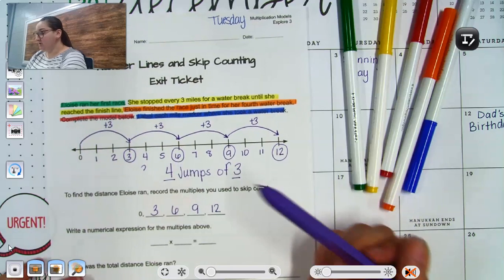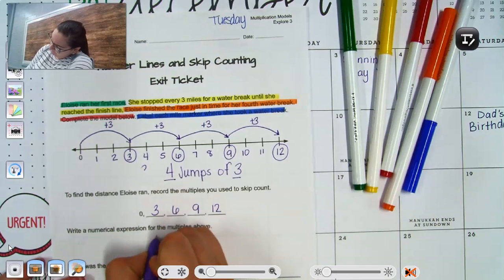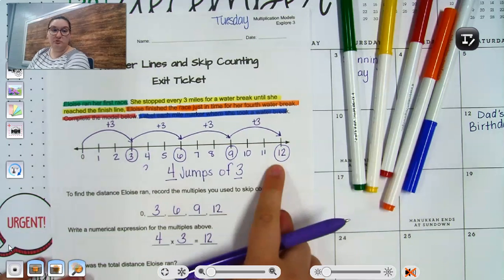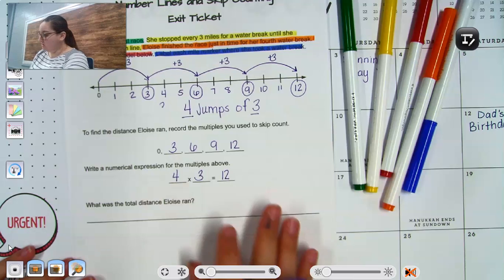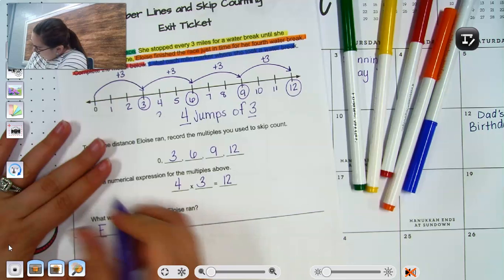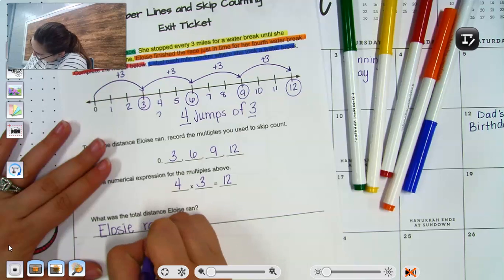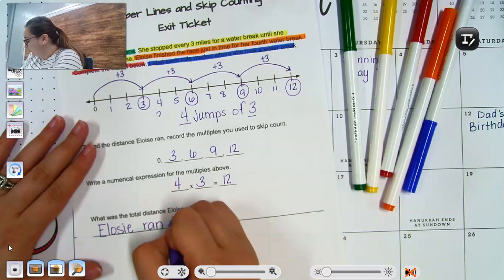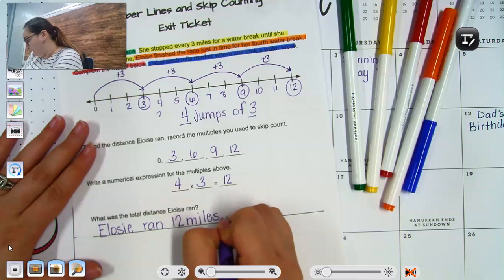So my multiplication sentence, if I'm doing 4 jumps of 3, would be 4 times 3 equals 12, because I stopped on 12. So what was the total distance she ran? She ran 12 miles.